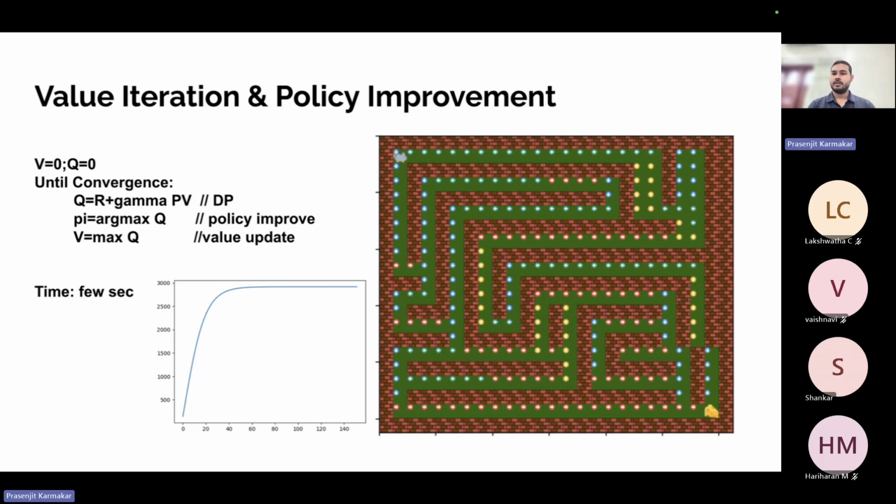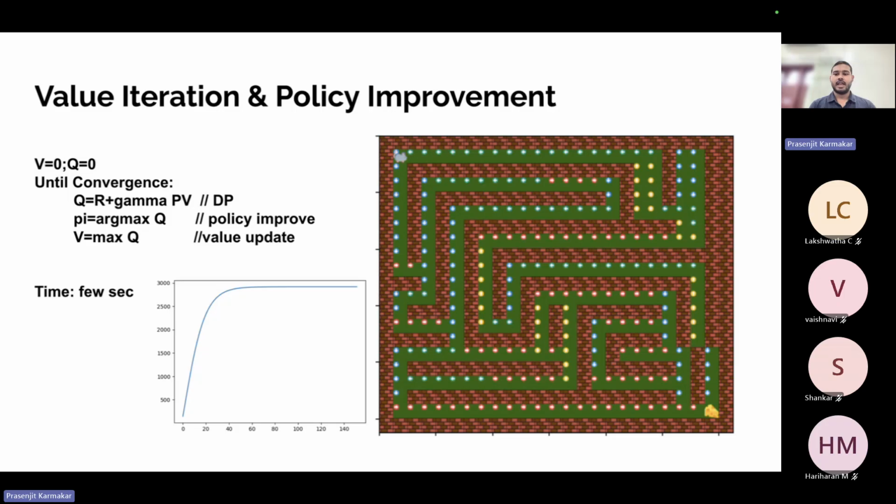And it can solve it not in hours, but within seconds. So that was the end of model based reinforcement learning. By model based, what we mean? We know the P and we know the R, the probability transition dynamics and the reward dynamics. Then it counts as a model based algorithm.